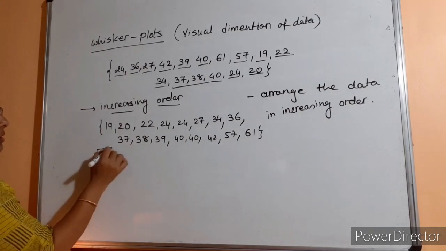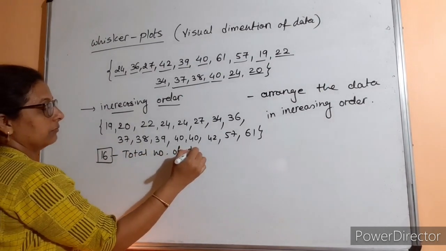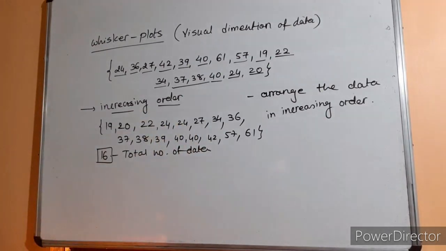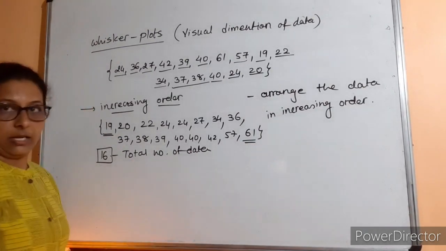So total number of data. Right? Okay. Then we'll decide the lowest value and highest value.